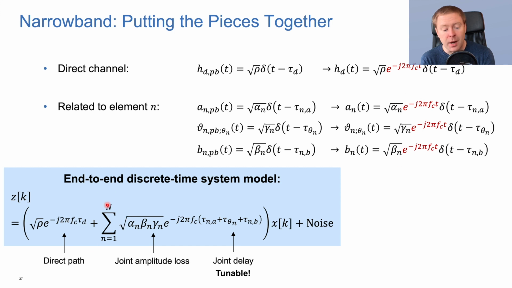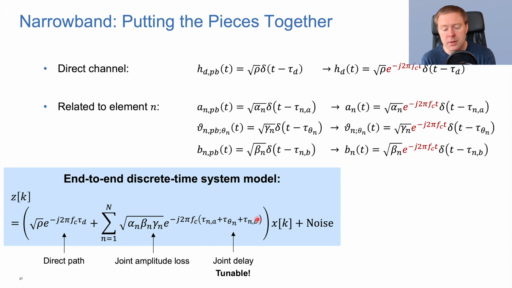So for each of our n paths, we have 3 different amplitude losses: alpha n, gamma n, beta n with square root. We are writing them together here as a joint amplitude loss. And then we have e to the power minus j2 pi fc, and then we have different delays: tau na, tau theta n, tau nb.